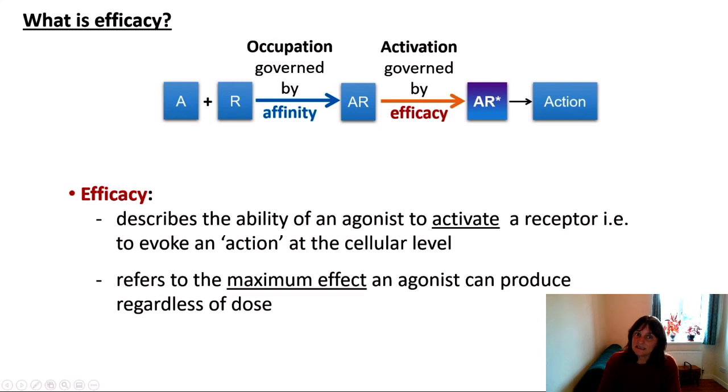So efficacy describes the ability of the agonist to activate the receptor, to invoke this cellular action. And efficacy refers to the maximal effect an agonist can produce. I've got a couple of slides looking at efficacy now.